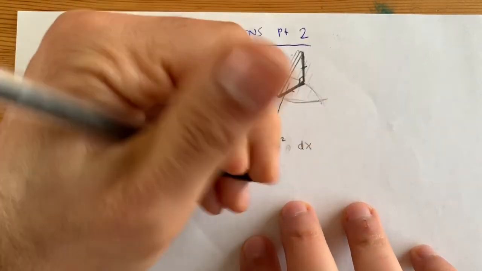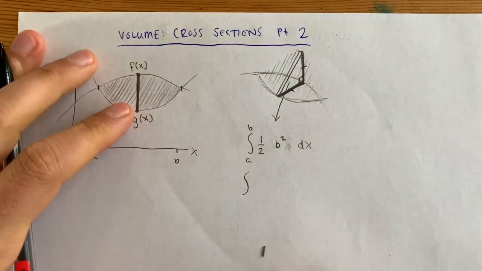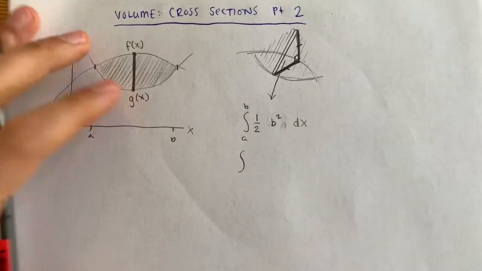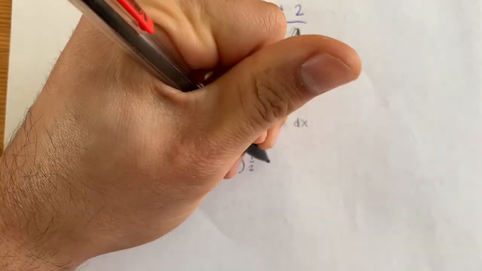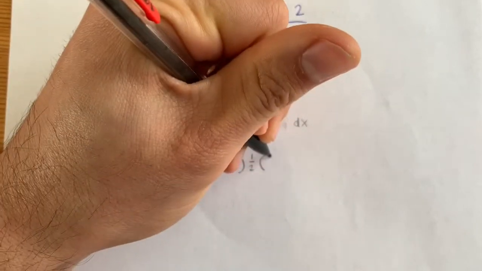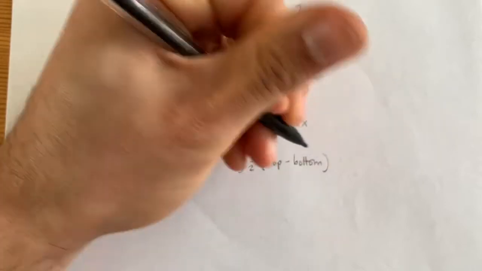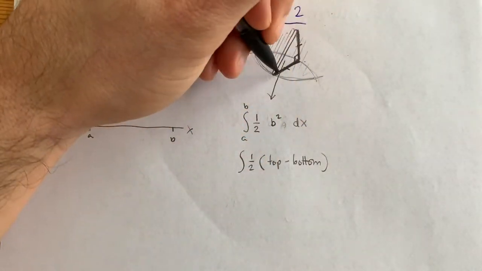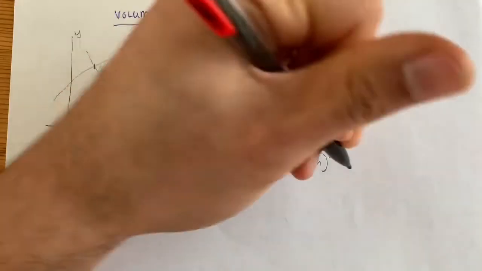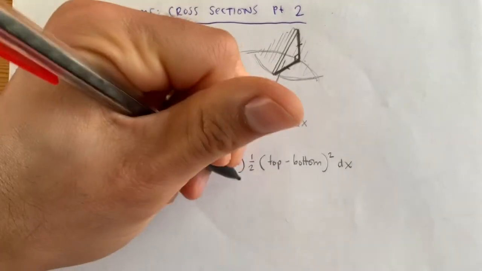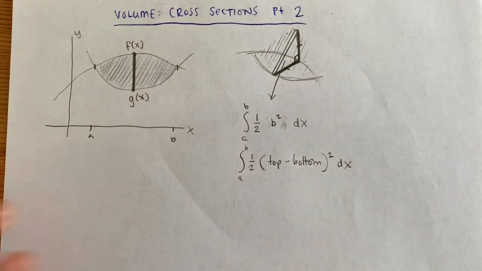So technically the formula would be, I guess better to say, 1/2 top minus bottom, and then since base and height are the same, squared. And that's maybe a better formula there.